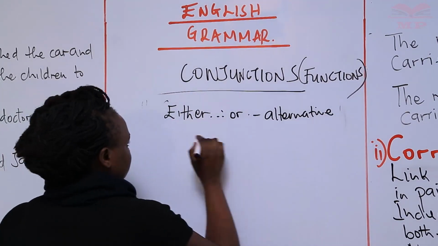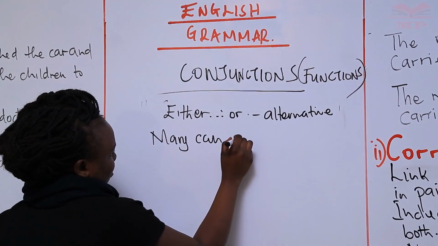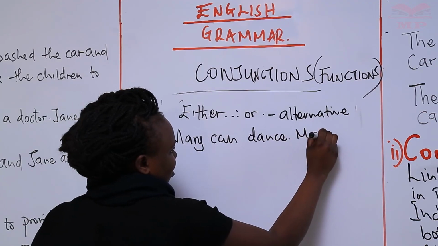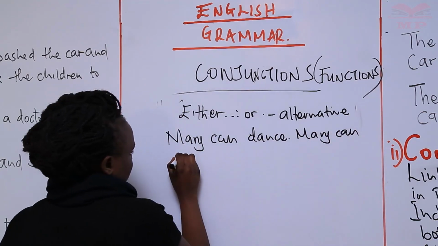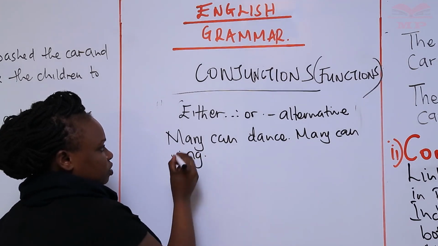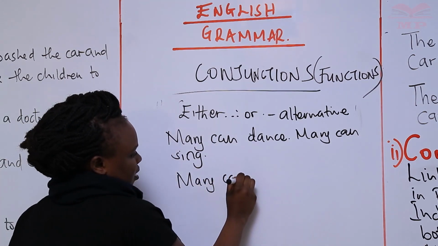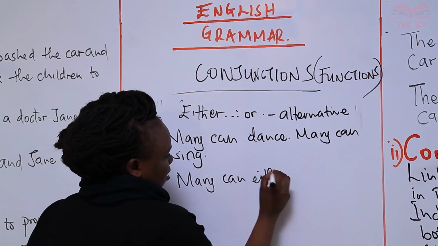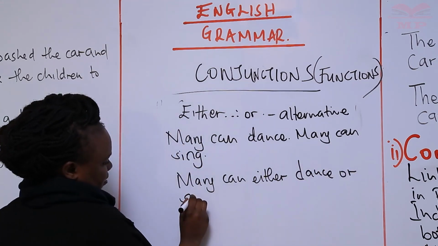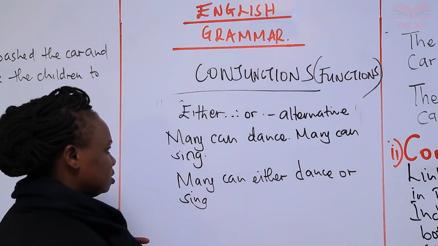All right. For example, Mary can dance. Mary can sing. So use either or. So Mary can either dance or sing. So it's almost like the one for or, where you're given choices, all right?